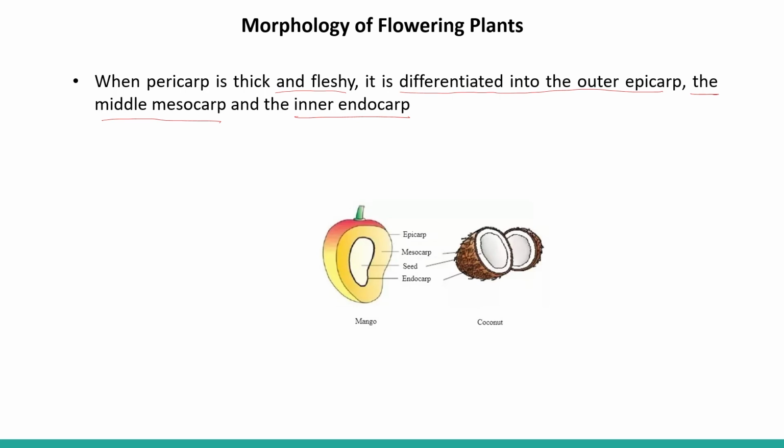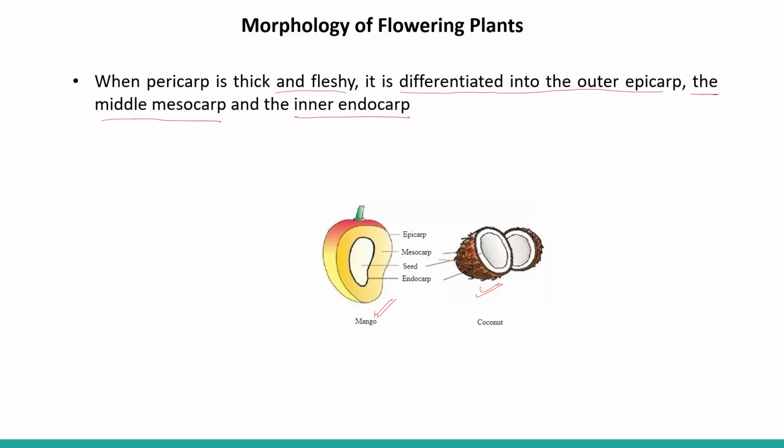In the case of this mango, we see that the pericarp is fleshy. In the case of coconut, the pericarp is hard. So sometimes it is thick, hard and dry, and sometimes it is fleshy.